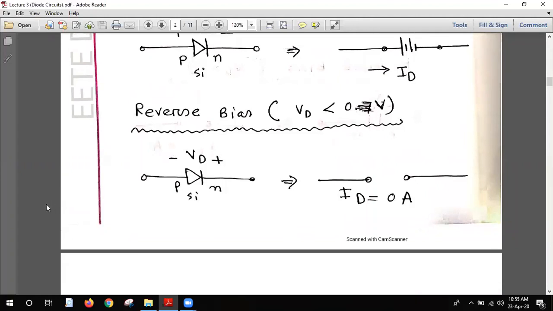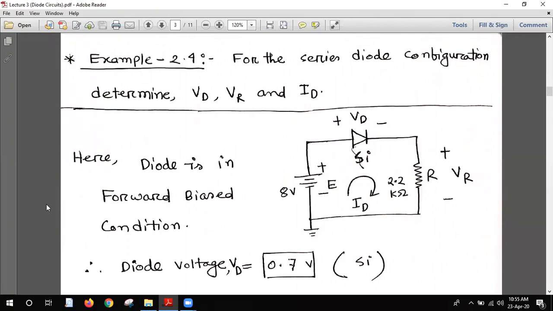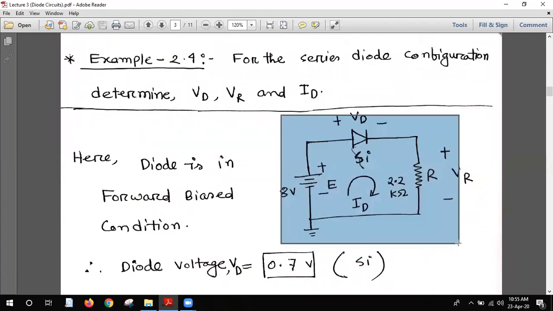Okay, now we'll go to some example configurations. For the first one, suppose you can see a circuit here. Here you can see a voltage source of 8 volt, a diode, and a resistance connected in series.